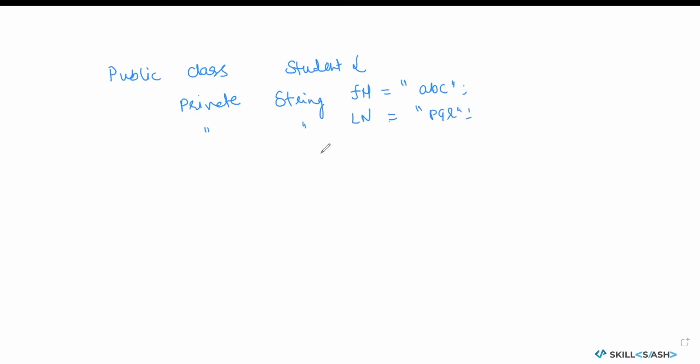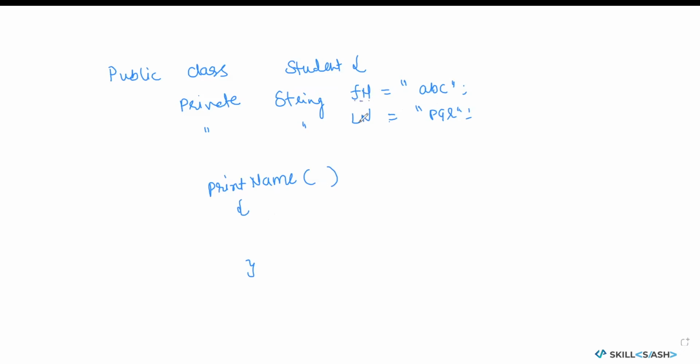Correct? Then let's say I'm taking a method, printName. This printName can access firstName and lastName.